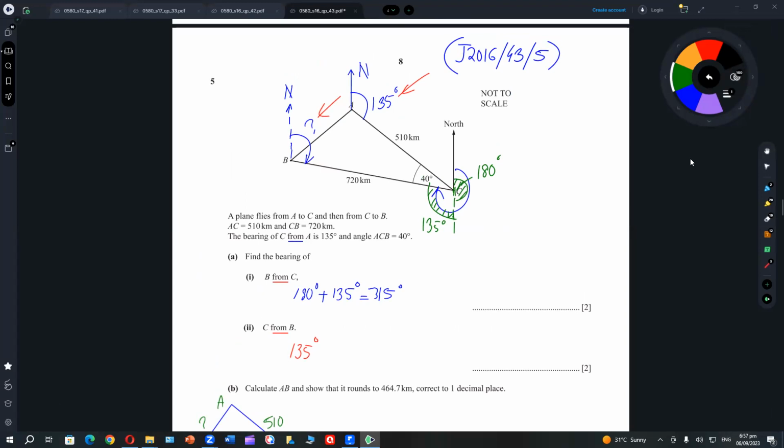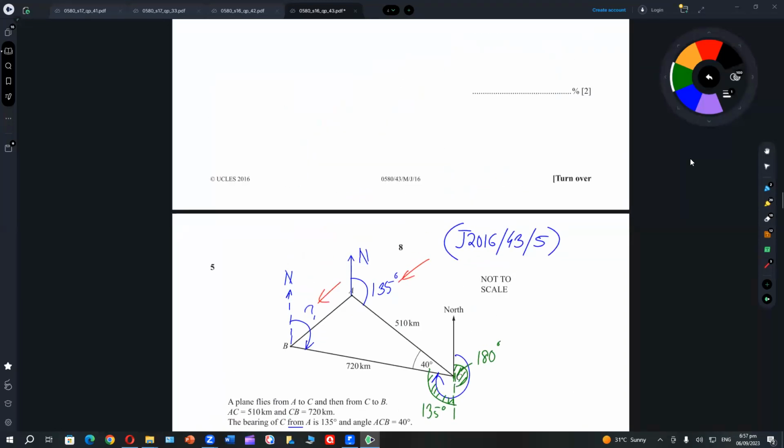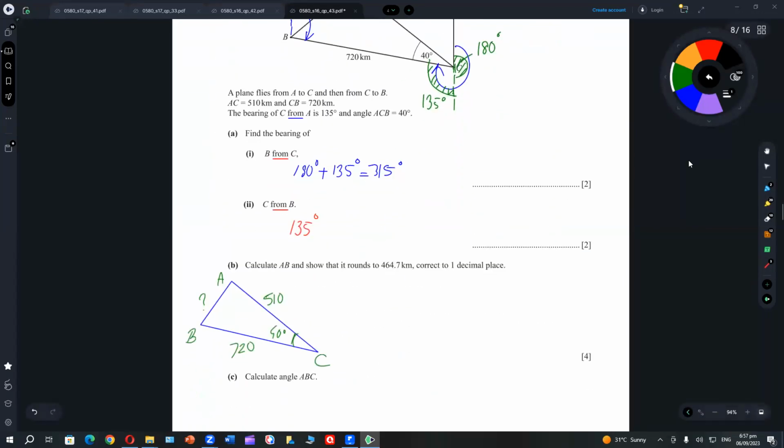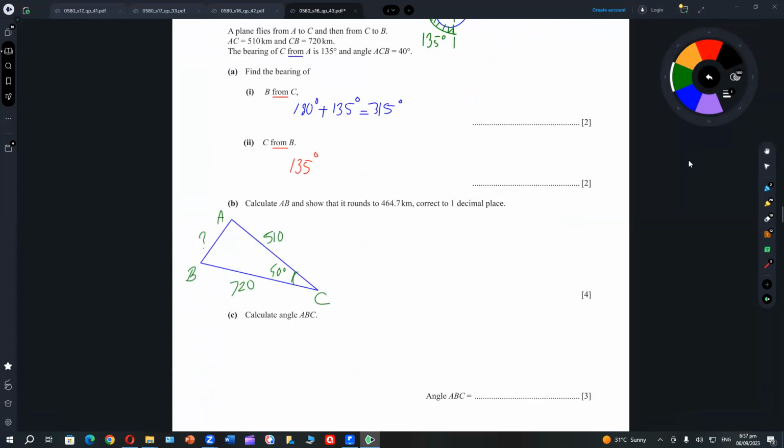Yes, part A is 275 and the second part is 095, 95 basically, but with a 0 in front. Can't be. Are you looking in the right marking scheme? It's June 2016, paper 43. Okay, let me check.